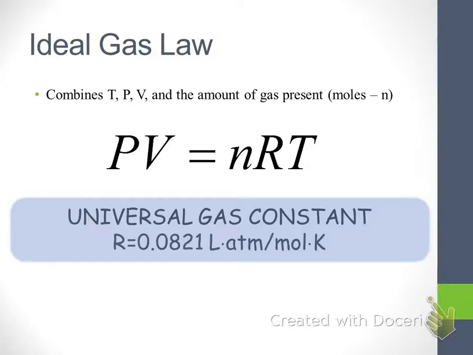That's why this R works. It is 0.0821. What does the N stand for? Moles, number of moles. P is pressure, V is volume, R is our constant, and T is temperature. Will you ever have to solve for R? No, because we know it. It's a constant. It works in any equation with any ideal gas.